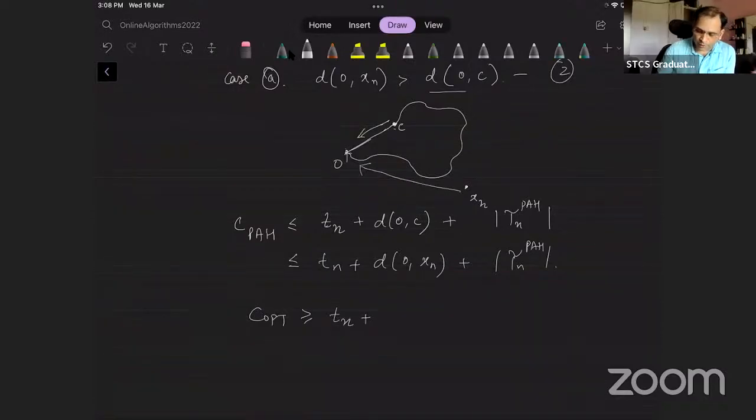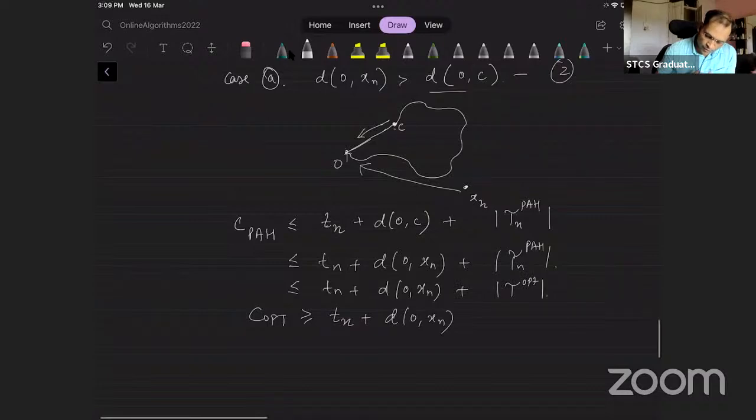It could be that the OPT was standing here at time Tn, so at least it has to travel a distance of 0, Xn since time Tn. So this again, we forgot; we should be able to write this again: D0Xn plus T OPT. The same fact as before.